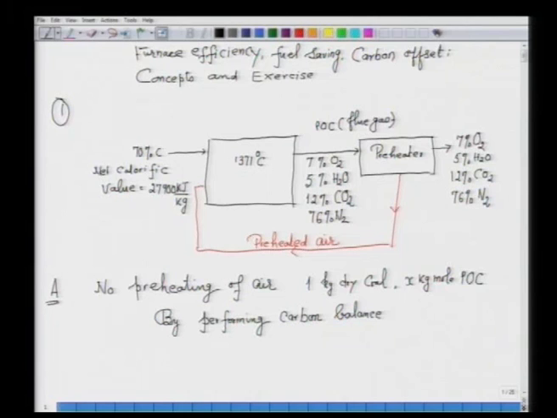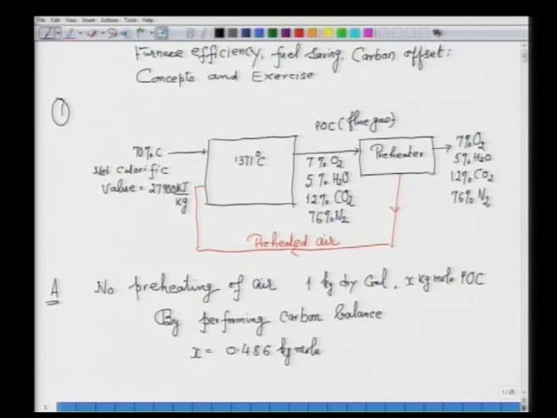All that you have to do is proper balancing, and the answer would be, if I take x kg mole POC, then x will be equal to 0.486 kg mole.